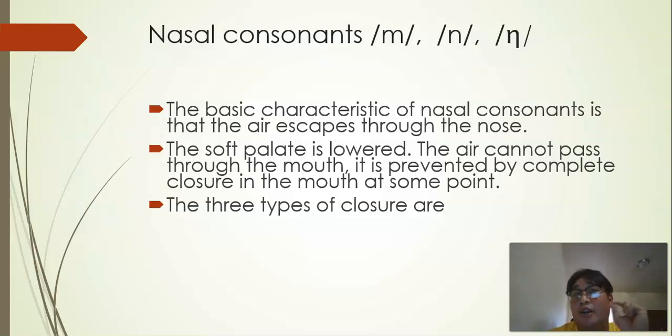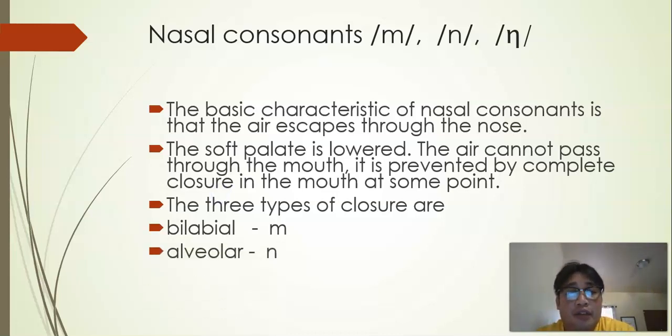That's why M was the only one that we were able to say. The 3 types of closures are bilabial, bi, 2 lips touching. You can only make the M sound with your lips touching together at some point.